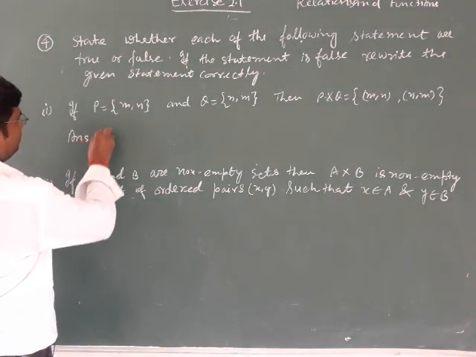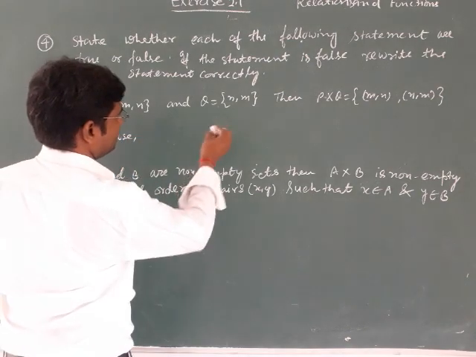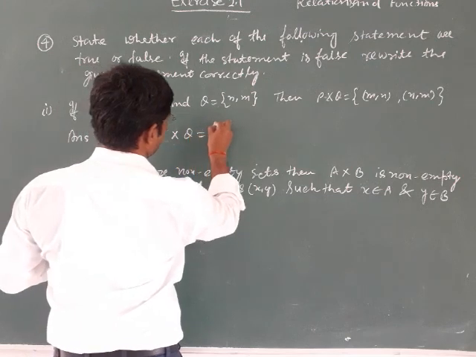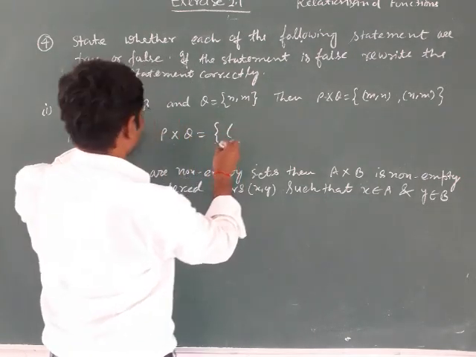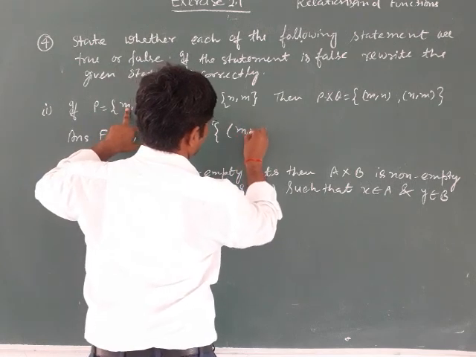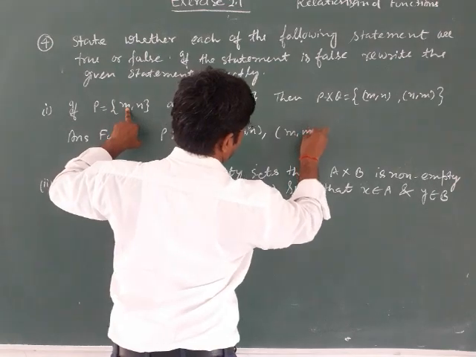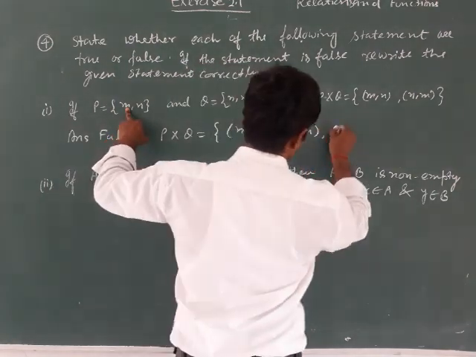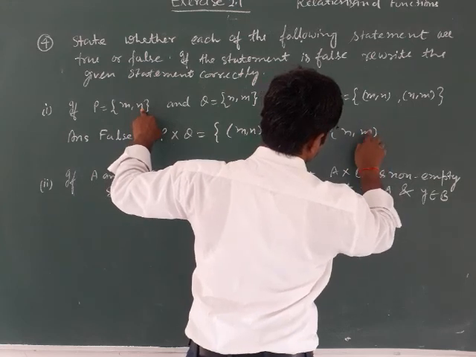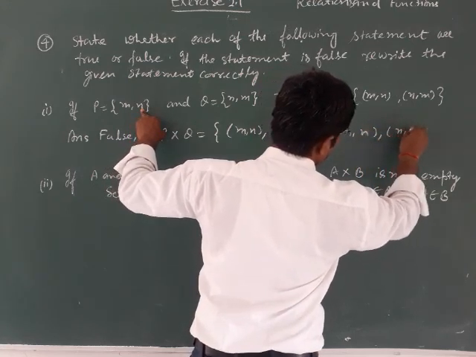The ordered pairs of P cross Q are (m, m), (m, n), and also (n, n), (n, m).